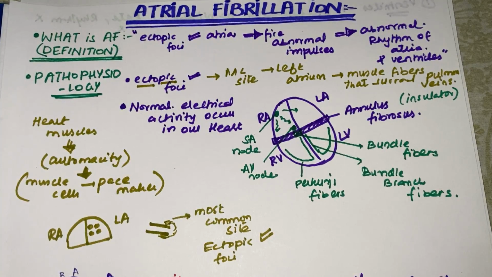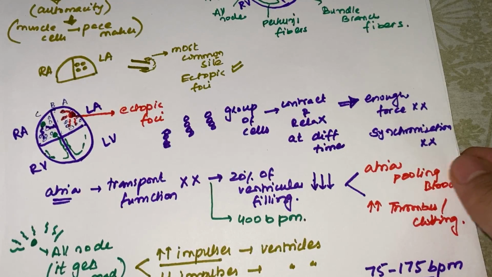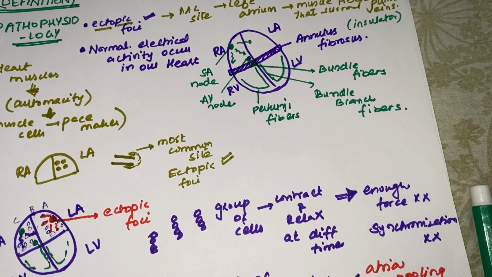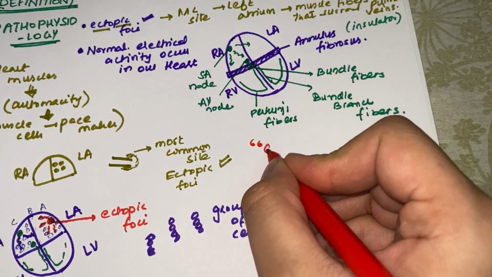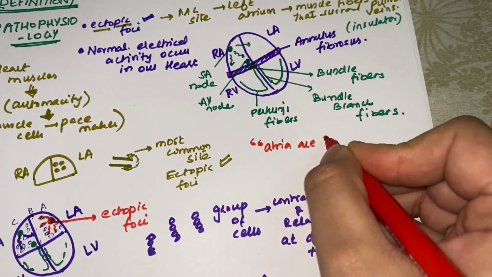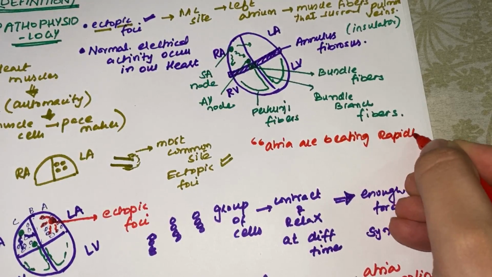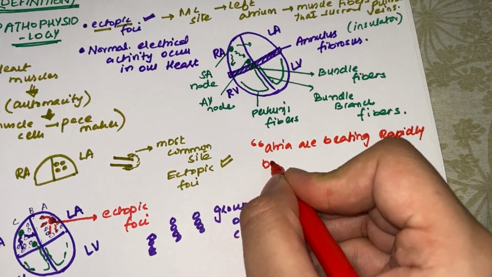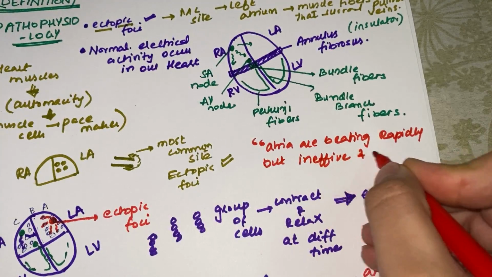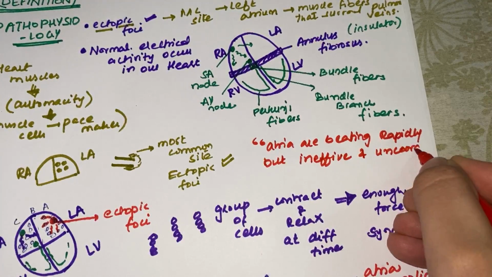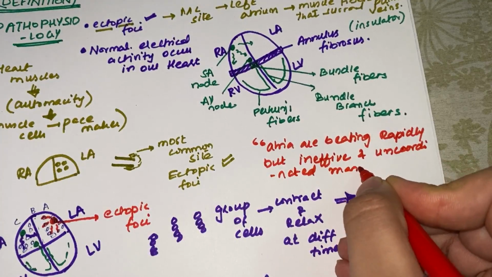And what happens within the atria, this is a very important line to explain the whole concept, is that because of atrial fibrillation, the atria are beating rapidly, they are contracting rapidly, but in an ineffective and uncoordinated manner.